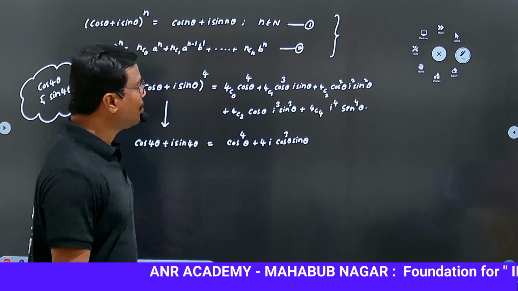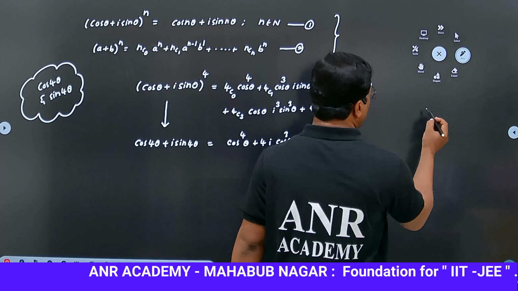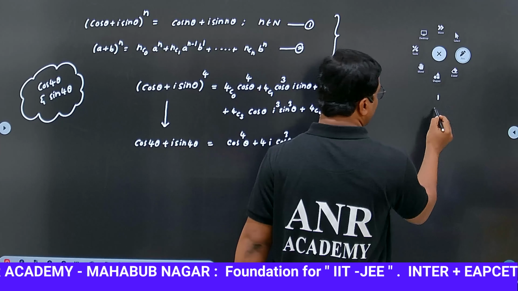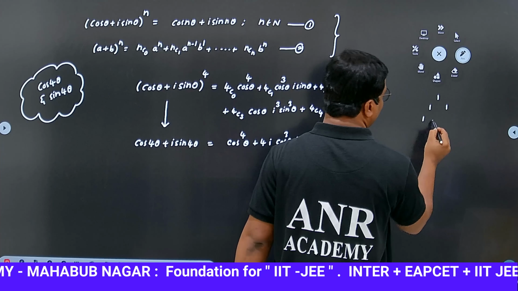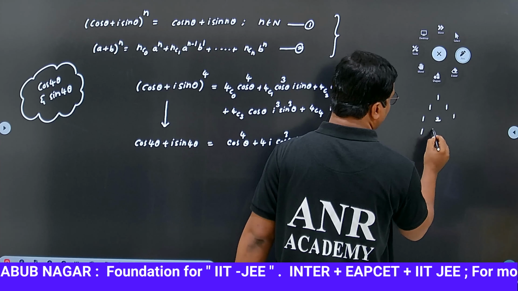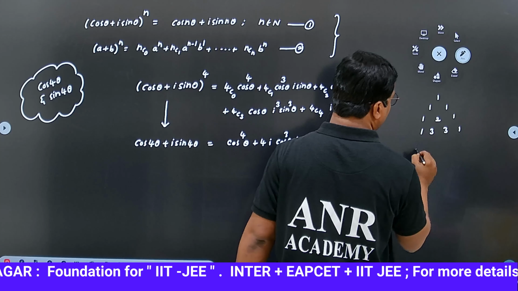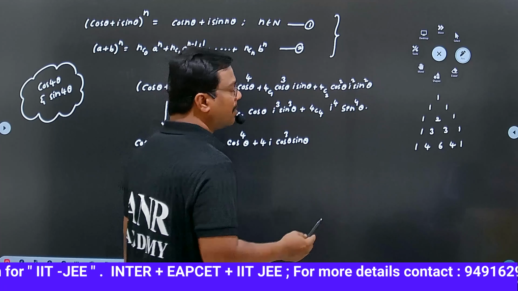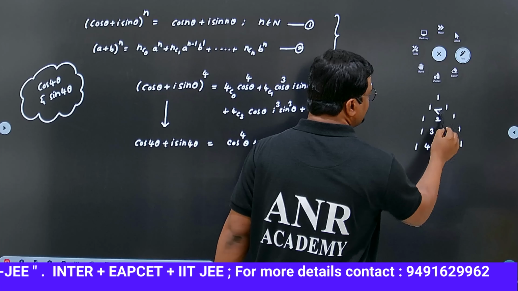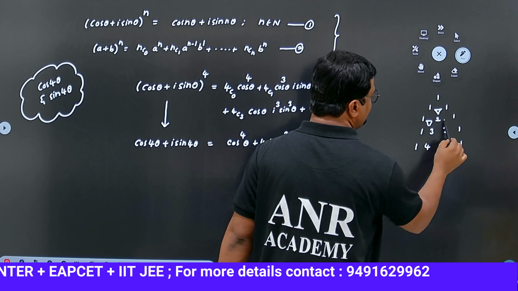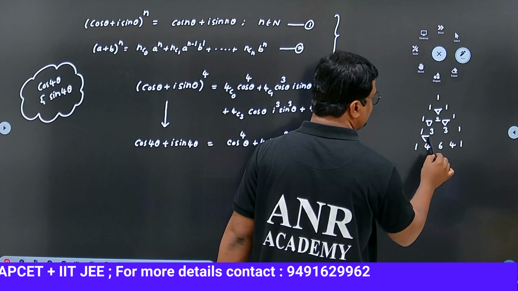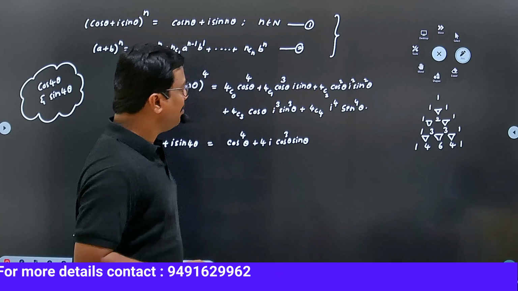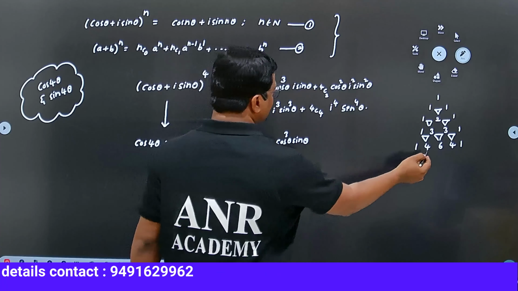Next, 4C2 value: you know the binomial coefficients with the help of Pascal's triangle: 1 1, 1 2 1, 1 3 3 1, 1 4 6 4 1. Sum of these two, you will get 2 here, 1 plus 2 is 3, 2 plus 1 is 3, 1 plus 3 is 4, 3 plus 3 is 6, 3 plus 1 is 4 here, and the value of 4C2 is 6.